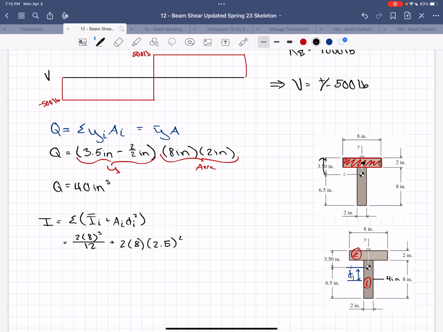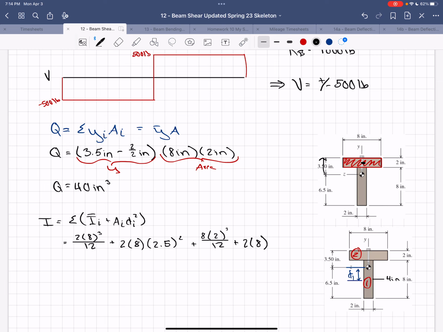That is 2.5 inches, and we square that. And then we add the second part. So plus, now the base is 8, the height is 2, we cube that, put it over 12. The area is the same, plus 2 times 8.